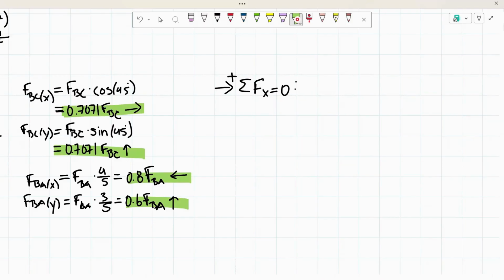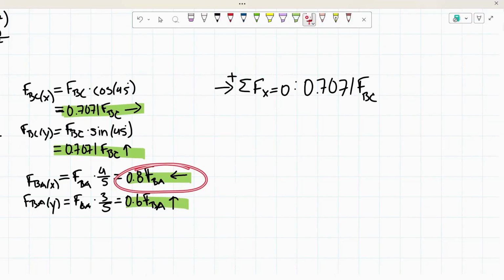So the first one is this one right here. And we said that we assume that to the right is positive. So as you can see, this force is acting to the right. So it is positive. So that's positive 0.7071 F of B of C. And then we're going to look down here for the other X component right here.